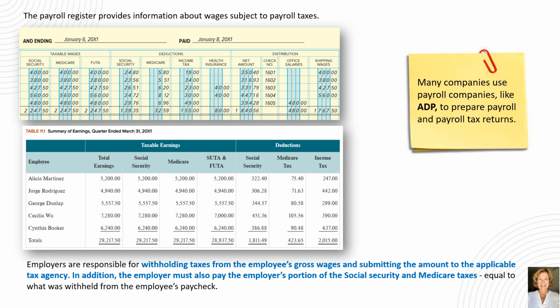Employers are responsible for withholding taxes from the employee's gross wages and submitting the amount to the applicable tax agency. In addition, the employer must also pay the employer's portion of the Social Security and Medicare taxes equal to what was withheld from the employee's paycheck, make the deposits timely and accurately, and file the applicable tax forms when they're due.